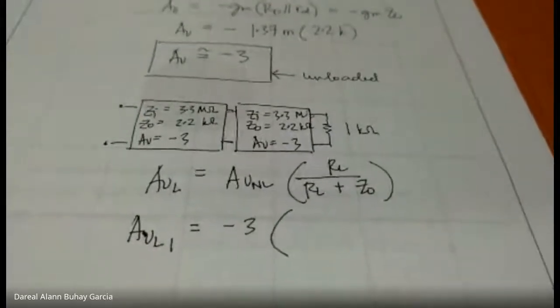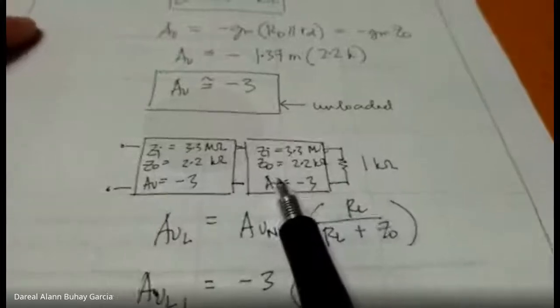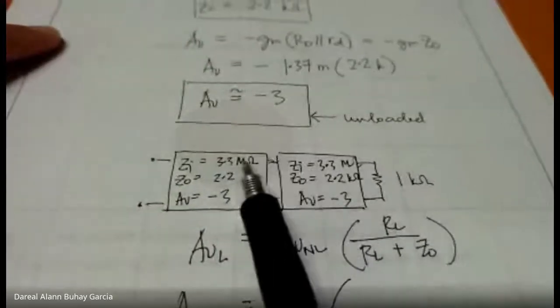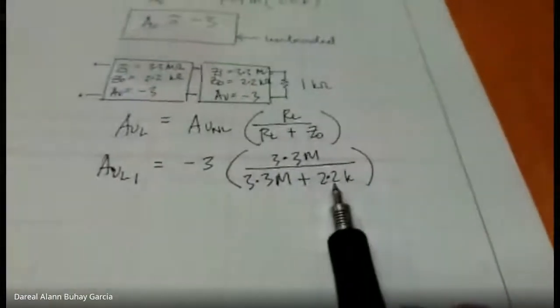The input impedance of the second stage is the load seen by the first stage, so it's 3.3 mega. 3.3 mega over 3.3 mega plus the output impedance of 2.2 kilo, which is very much negligible.